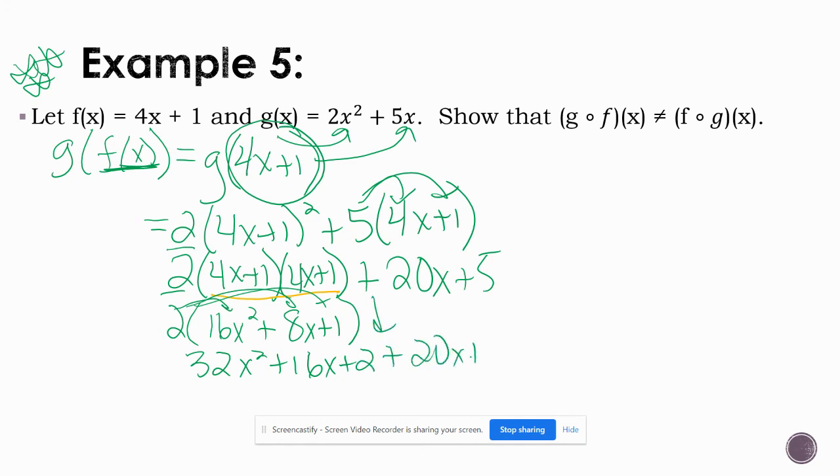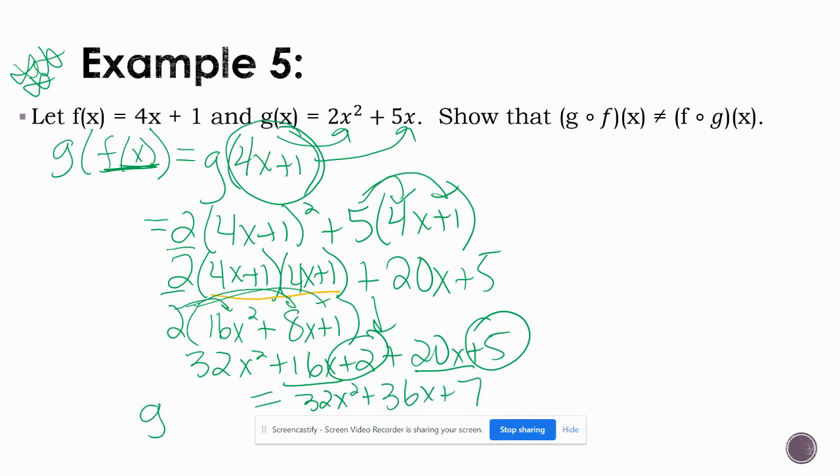And we still have all this stuff over here. Combining like terms now leaves us with 32x squared plus 36x plus 7. And that is g of f of x.